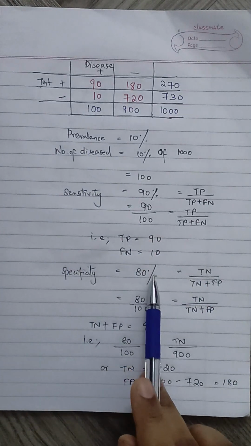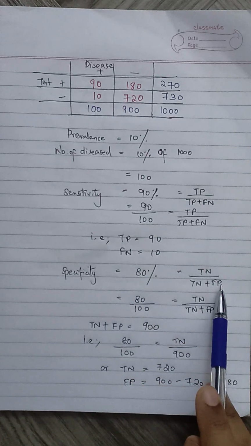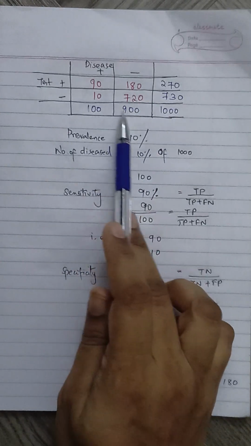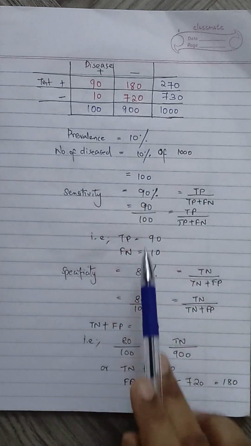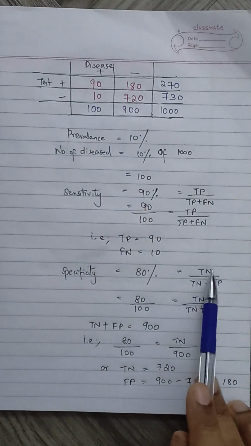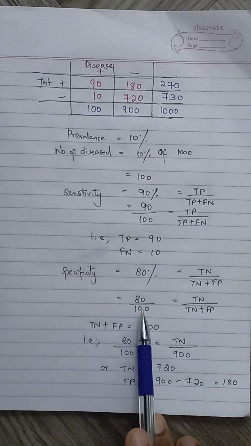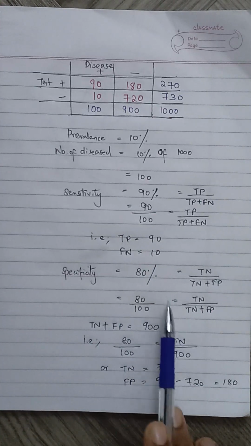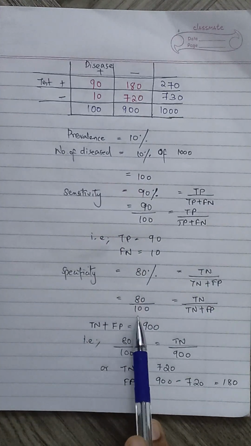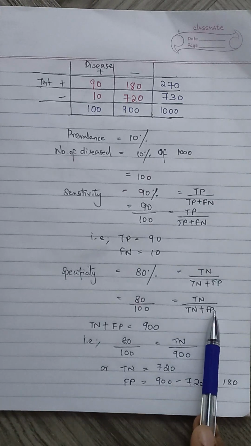Now what is specificity? It is 80%. That means true negative over true negative plus false positive. So if 100 people have the disease out of 1,000, 900 will not have the disease in actuality, right? Among that 900, 80% are true negative. You can take 80% of 900, which will turn out to be 720, or you can just substitute the values here. 80% means 80 over 100. That is your true negative over true negative plus false positive.